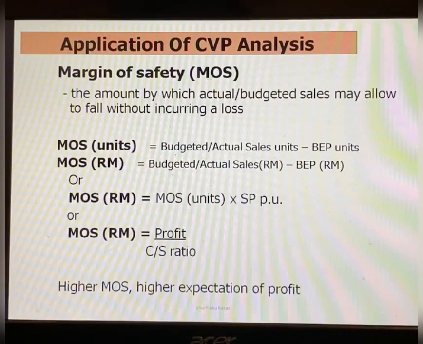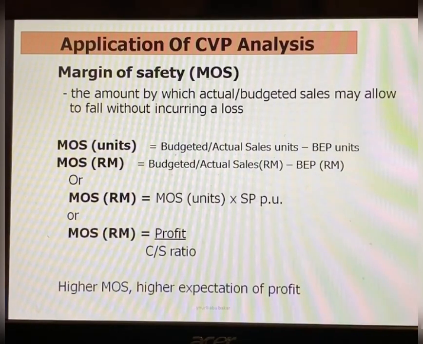And the margin of safety in monetary value, that is in RM, the formula is the budgeted or actual sales in Ringgit Malaysia minus the BEP in Ringgit Malaysia, or the margin of safety in units times the selling price per unit, or the profit over the contribution to sales ratio. The higher the margin of safety, the higher the expectation of profit.